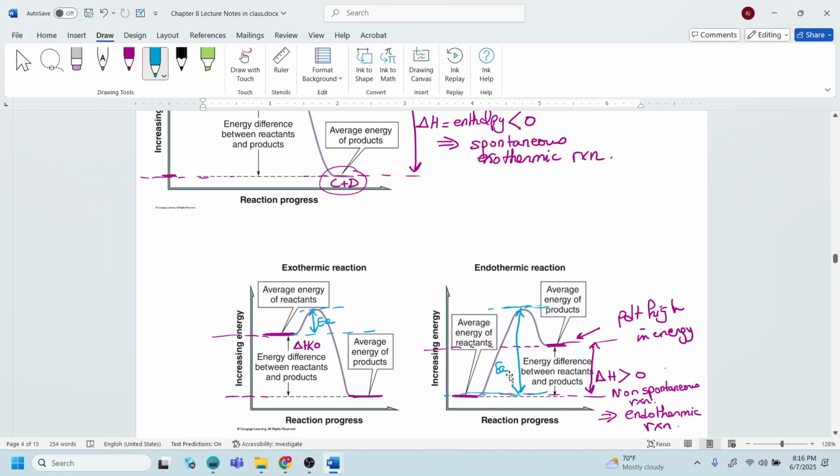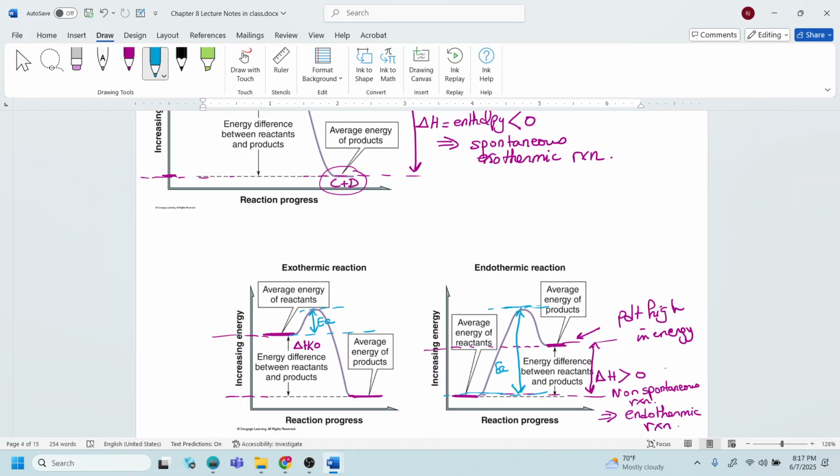It gives me the speed of the reaction. Another thing that I can look for in the energy diagram is the energy of the reaction. Now I need to take the difference between the reactants and the products. If the energy of the reaction is negative, then I would say this is an exothermic reaction.